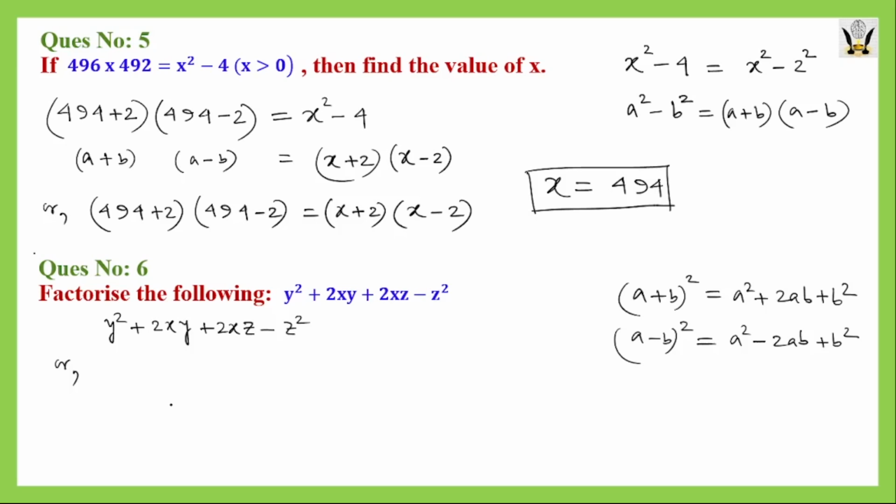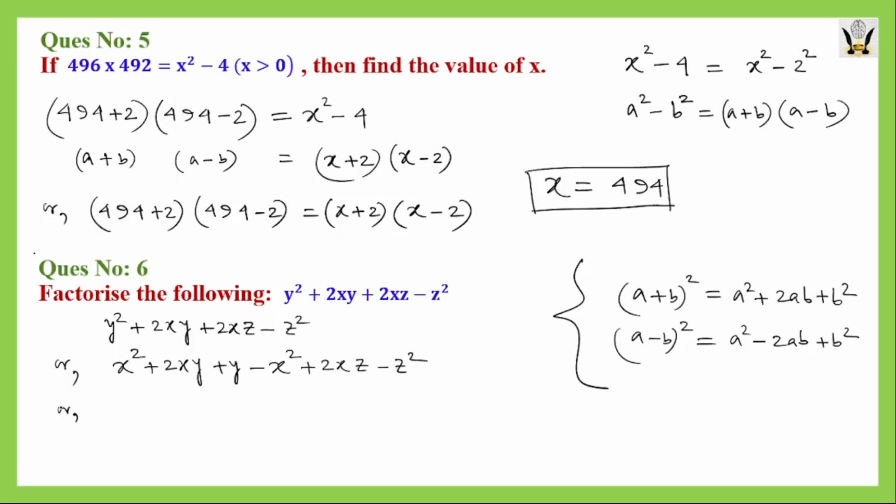Those three terms we could have represented as a square of the summation of two terms. So to use the first identity, if we add the x square term in this given expression, it can be written as x square plus 2xy plus y square, and since we added the x square term, which was not given, we will subtract the same term, minus x square, and then the rest two terms, plus 2xz and minus z square.